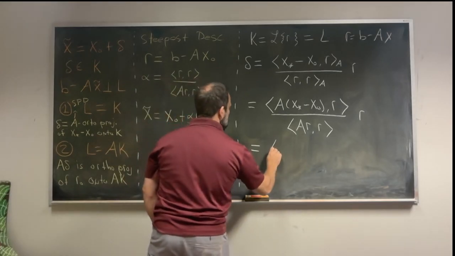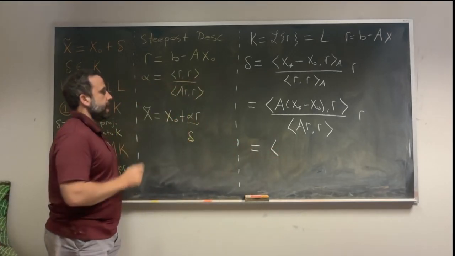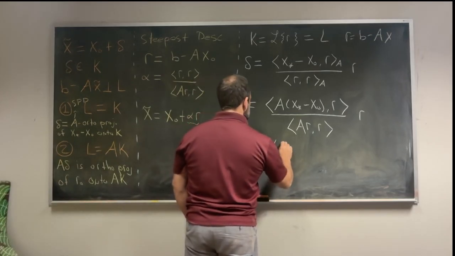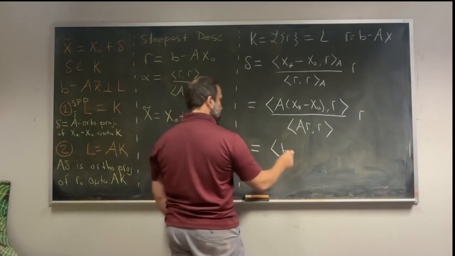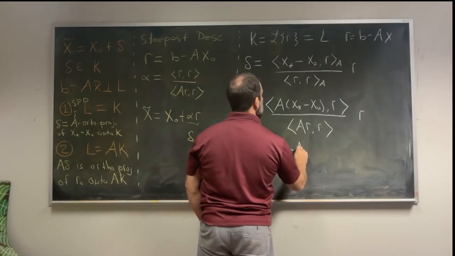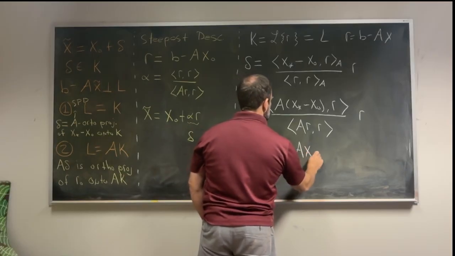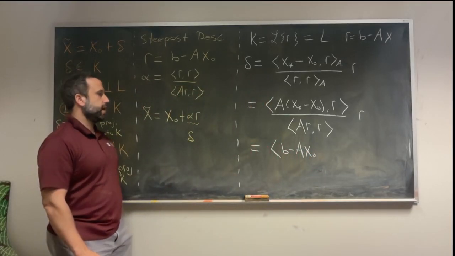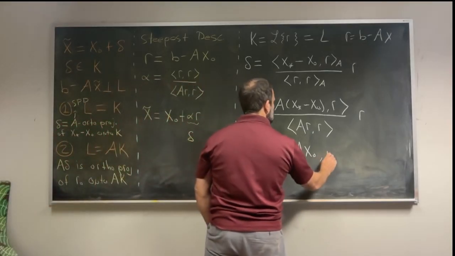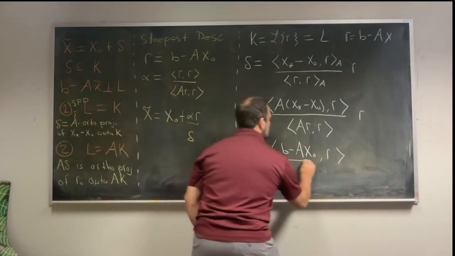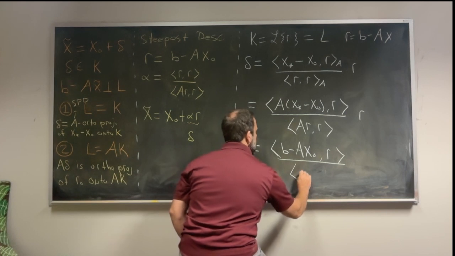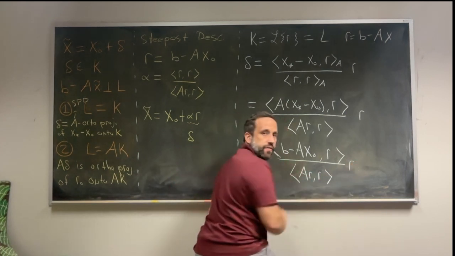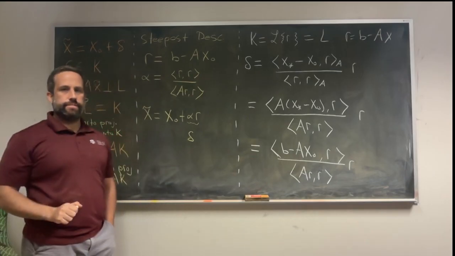Well, A X star is B. So this is B minus A X naught. That first term is B minus A X naught, divided by A R, R like that, and there we have it.